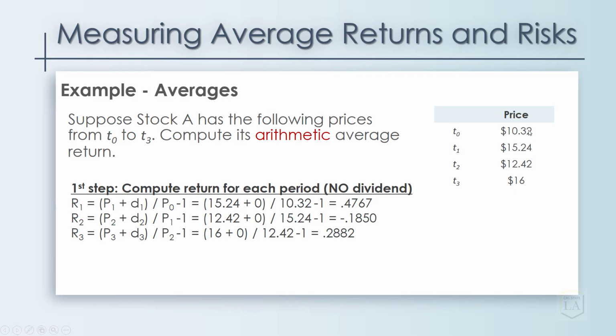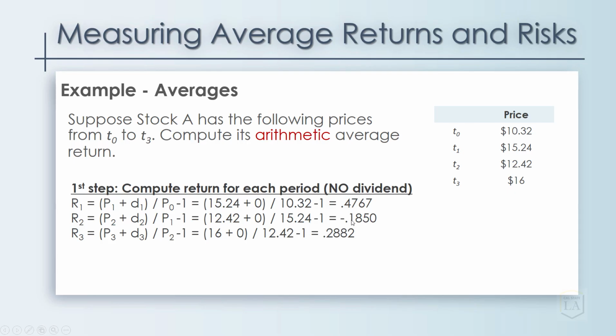And the return over the first time period was 0.4767. R sub 2, which is between t sub 1 and t sub 2: the price in the end was 12.42, no dividend, divided by the price 1 period before, which is 15.24.